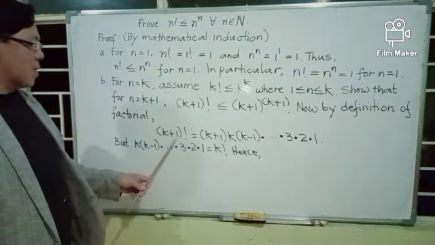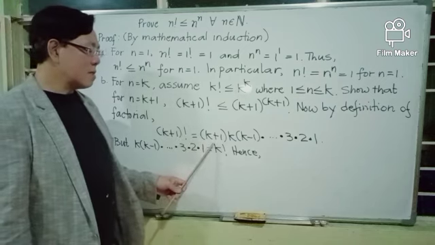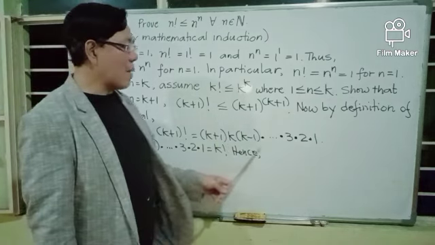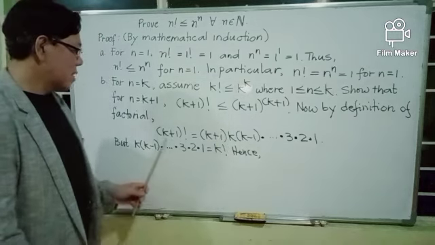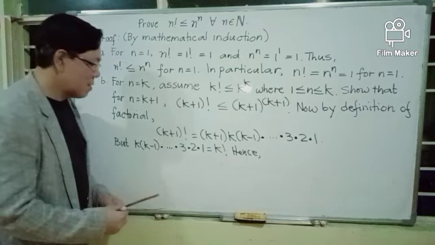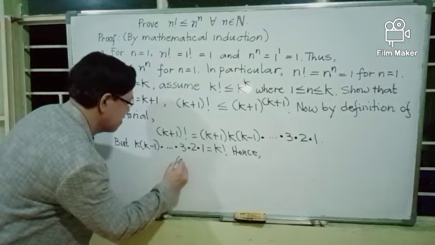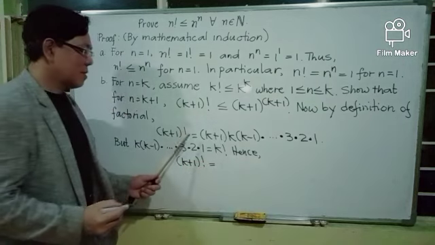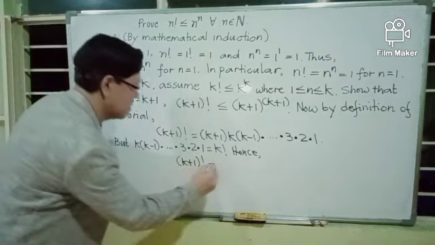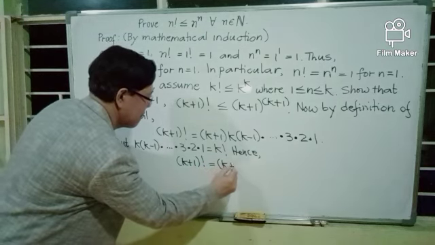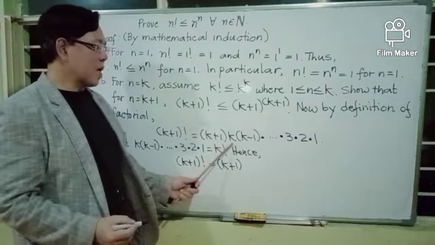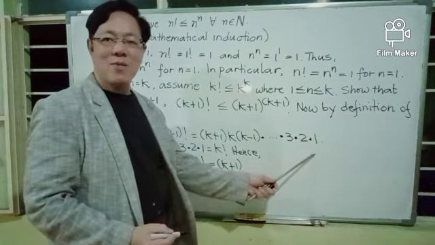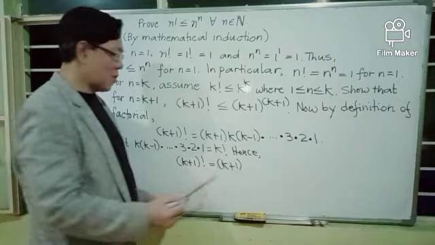And we write k plus 1 factorial equals k plus 1 multiplied by k factorial. Hence, k plus 1 factorial is equal to k plus 1 multiplied by k times k minus 1 times up to 3 times 2 times 1, which we replace by k factorial.